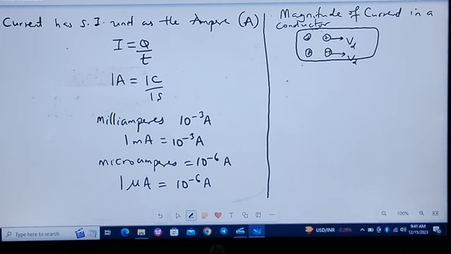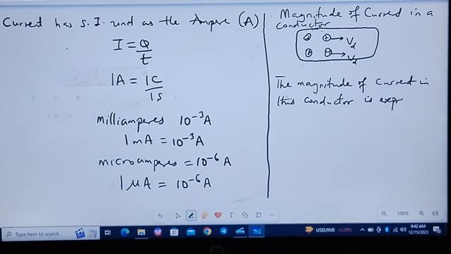Now, the magnitude of current in this conductor we can express as I is equal to N A Q V subscript D.